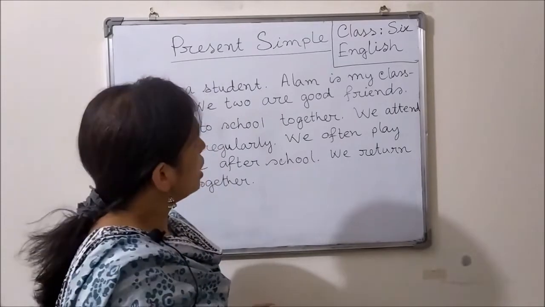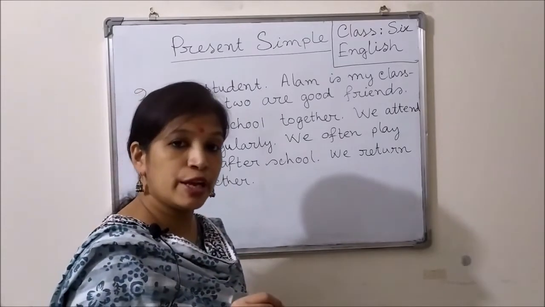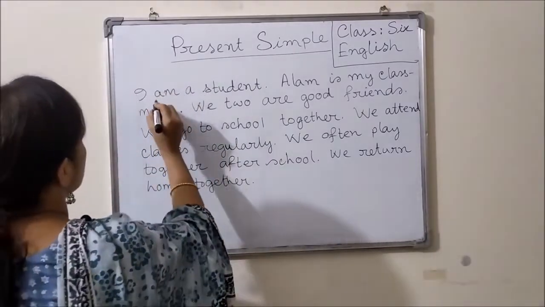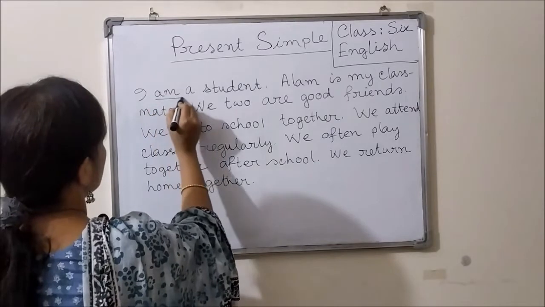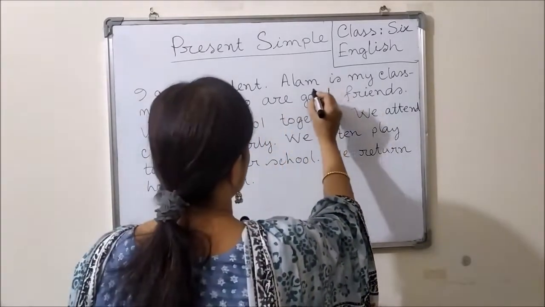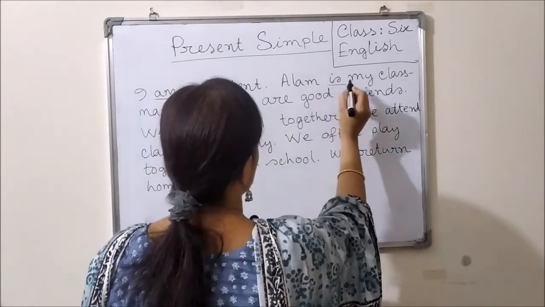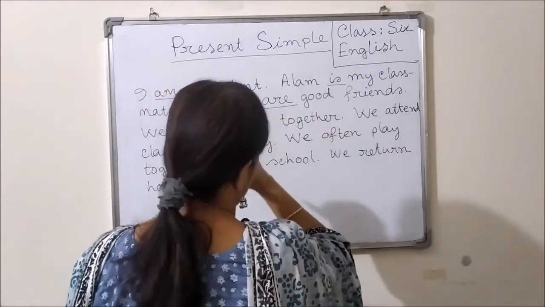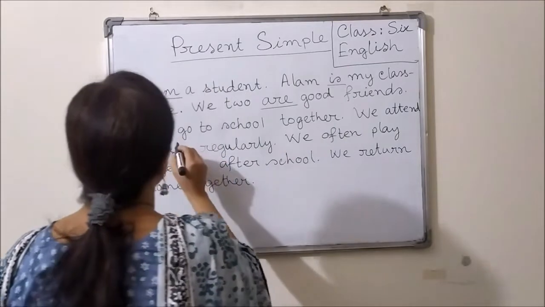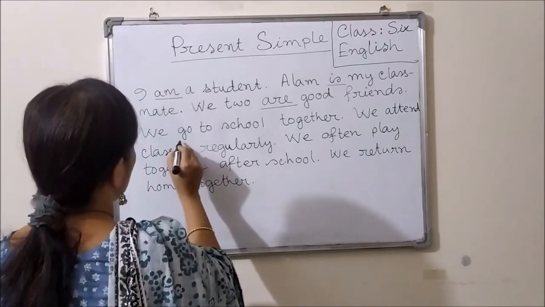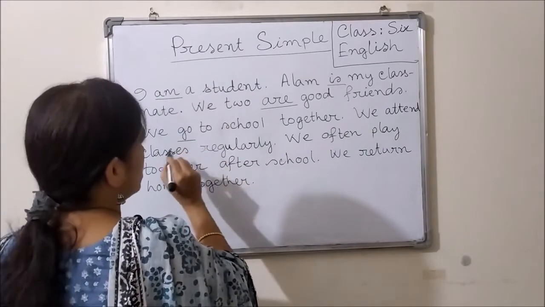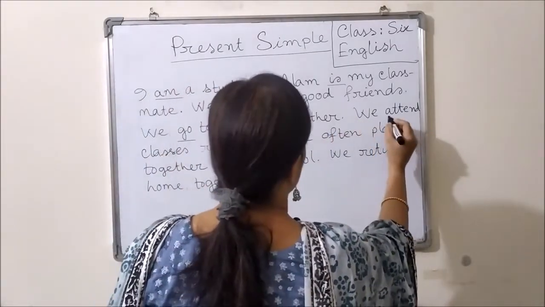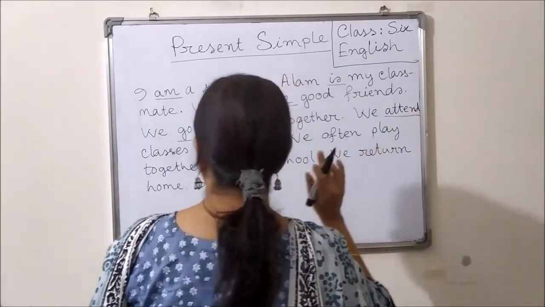Now we will identify the verbs in each sentence. In the first sentence, am is a verb. In the second sentence, is is a verb. In the third sentence, are is a verb. Then the next one, we go to school. Here go is the verb. Then we attend classes regularly. Here attend is the verb.